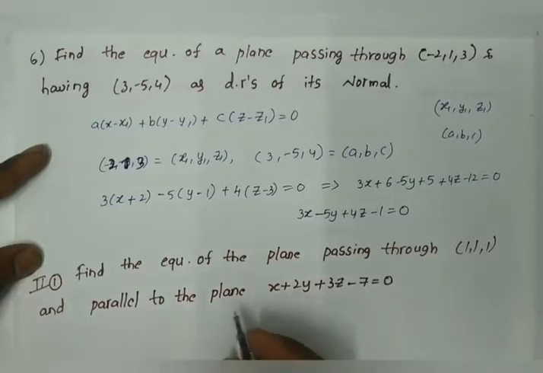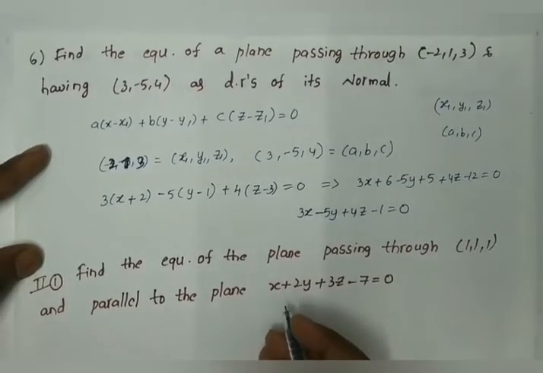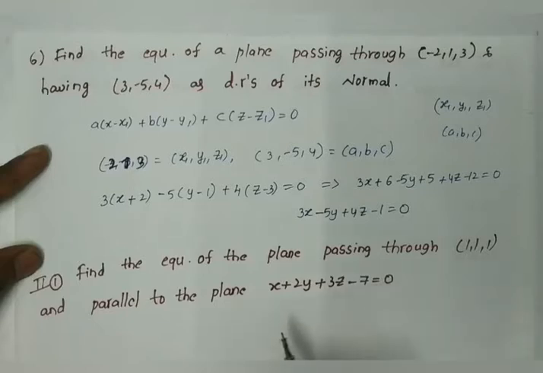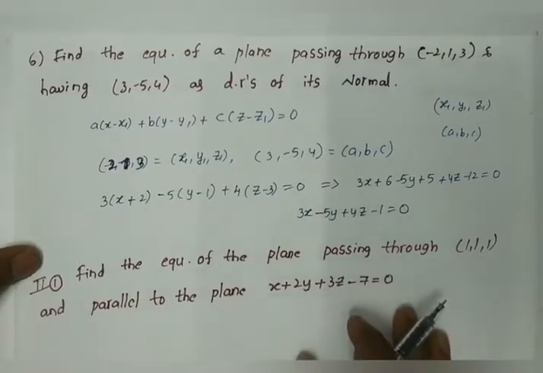That means in this problem we want to find the equation of a plane which is passing through the point 1, 1, 1 and which is also parallel to the plane x plus 2y plus 3z minus 7 is equal to 0.